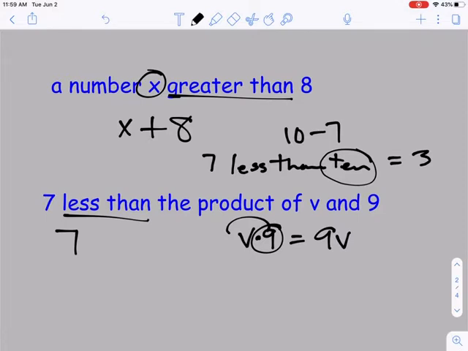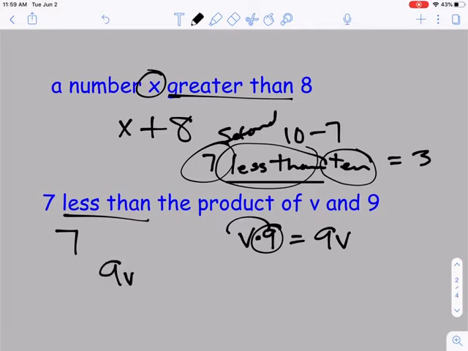So notice that when you have this less than, that's almost a way of telling us that this comes second. It doesn't come first, it comes second. So 7 less than the product of v and 9 means that the 7 is going to come after my 9v. So you're going to have 9v minus 7, and that's what you have.